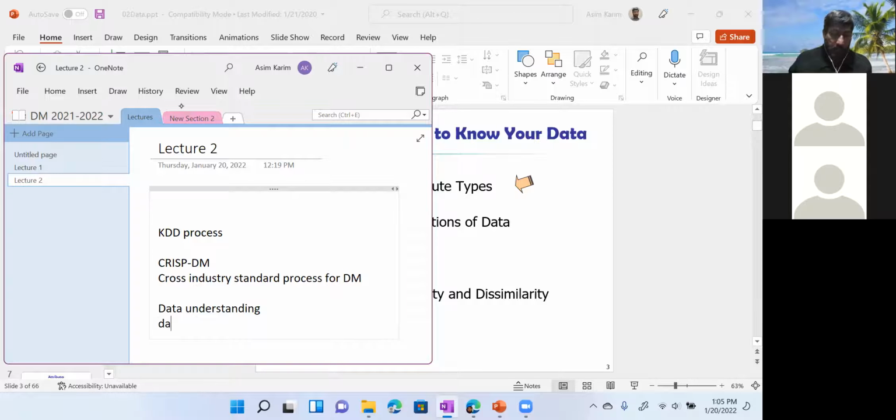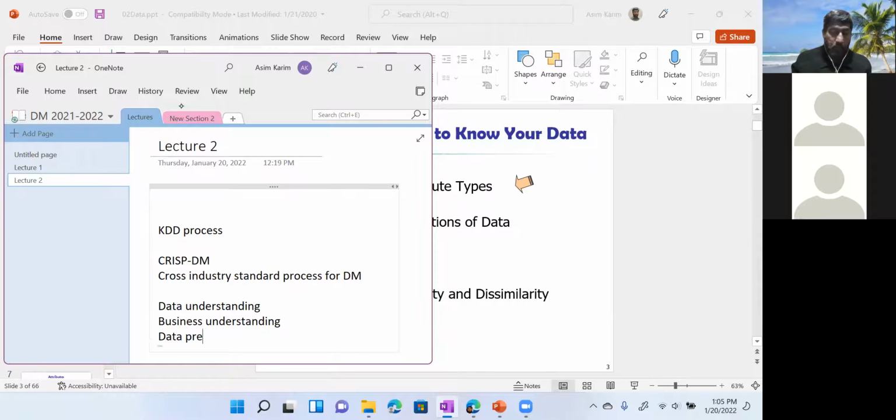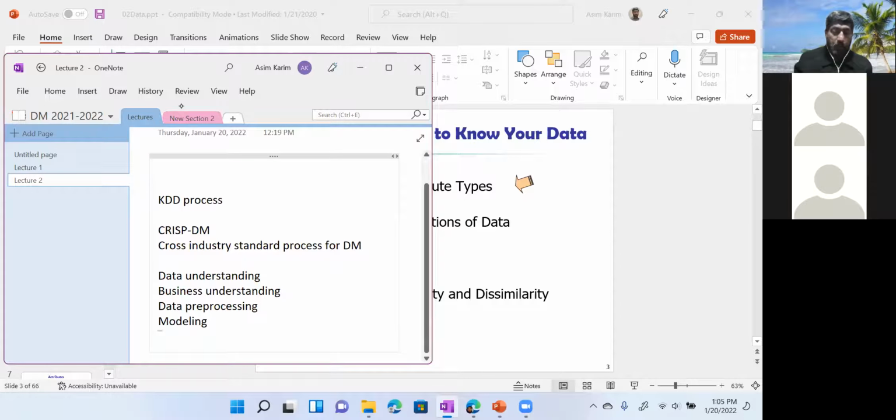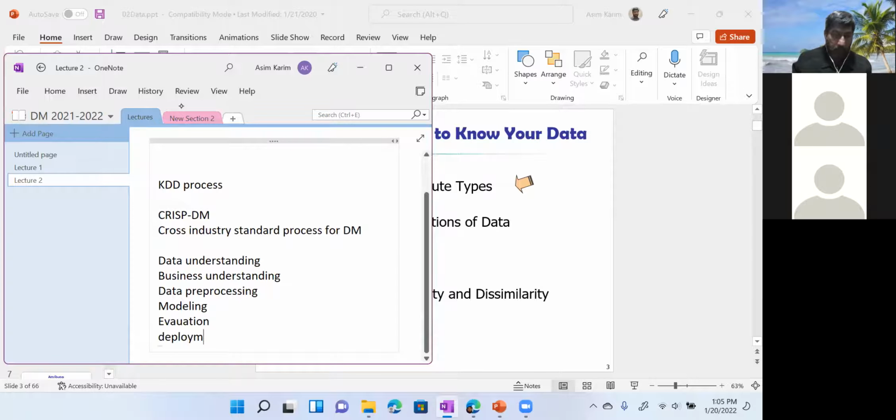Then we have business understanding, then data pre-processing, then modeling, then evaluation, and finally, deployment. So these are the important stages in a data mining project.